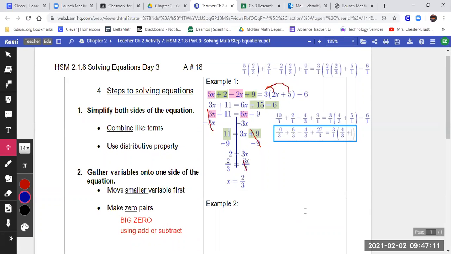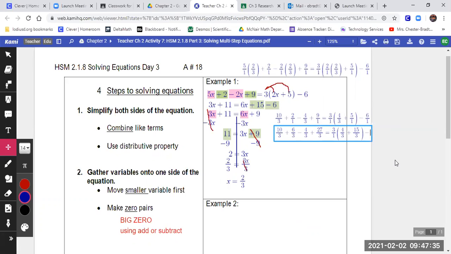What over 3 is the same as 5 over 1? 15 over 3 is.